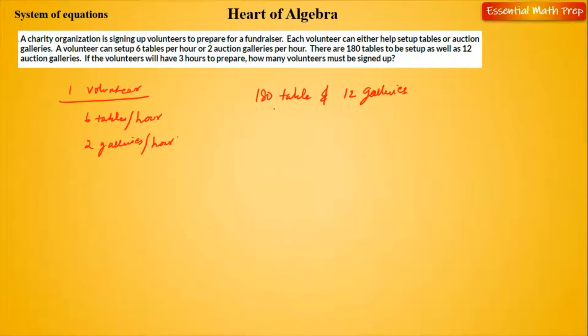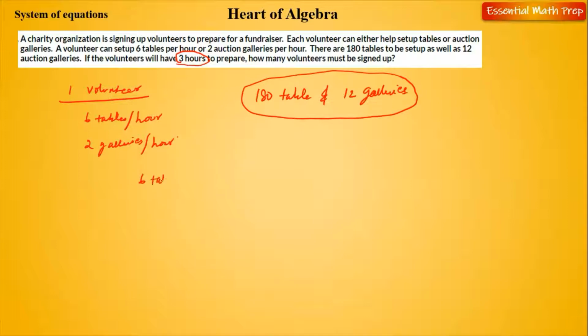Okay, the easiest way to do it is, because the clue here is 3 hours, instead of coming to this portion first, let's explore how many volunteers are needed for each action, which is setting up tables and galleries, in terms of hours. So we know that a volunteer can do 6 tables in 1 hour, right?